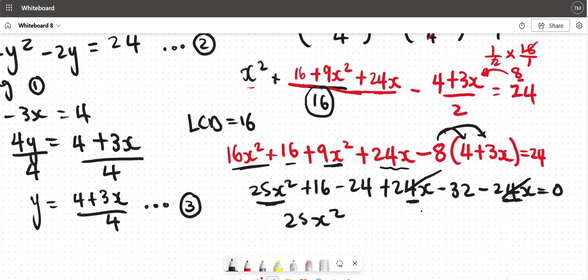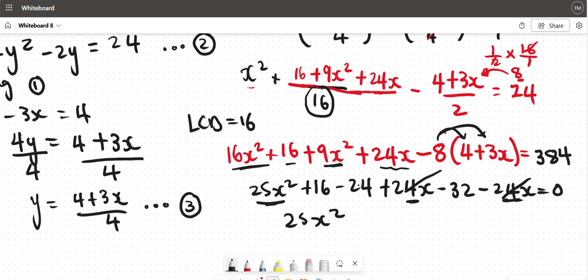what does that give me? That ends up giving me, I forgot something. Did I times the 24 with the 16? I forgot to times the 24 with the 16, sorry. When I was timesing LCD with everything, I forgot to times the 24 with the LCD. That also needs to be multiplied by LCD. So if you multiply it with LCD, it's a 384.